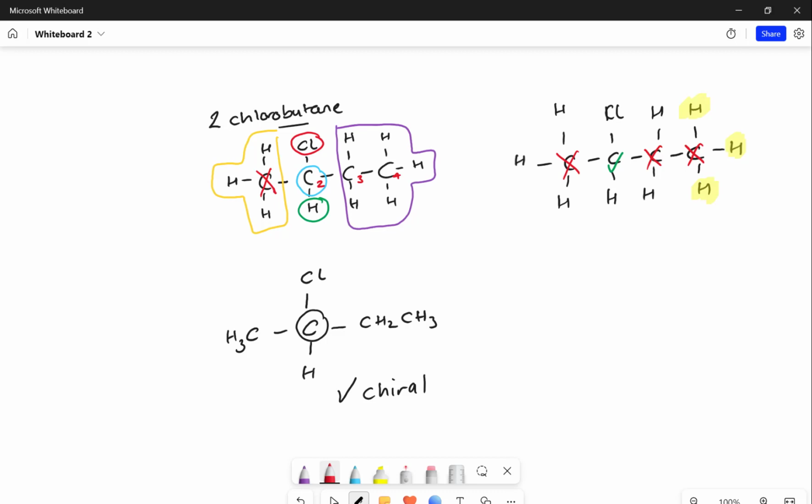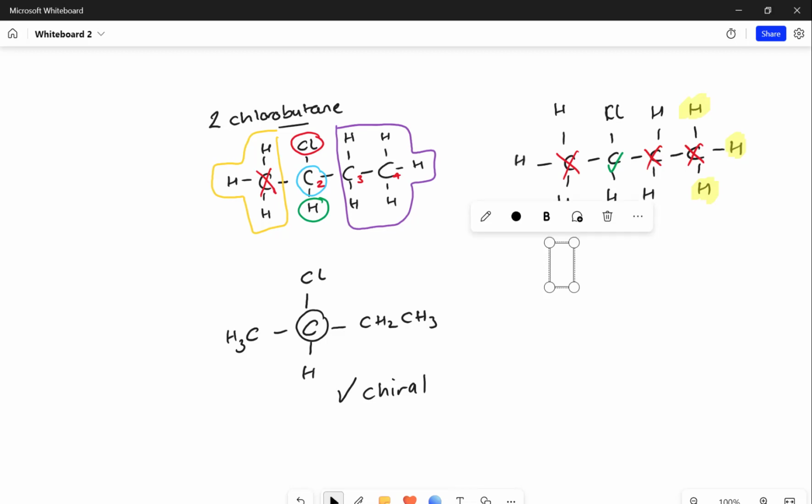So the molecule can be described as chiral, okay? And you can say there is one chiral carbon. So the molecule can be chiral, but the carbon is a chiral carbon. And that chiral carbon can also be known as a stereogenic center. Okay, so you can call it, maybe we'll type it here.